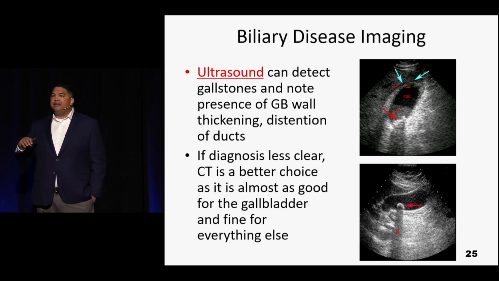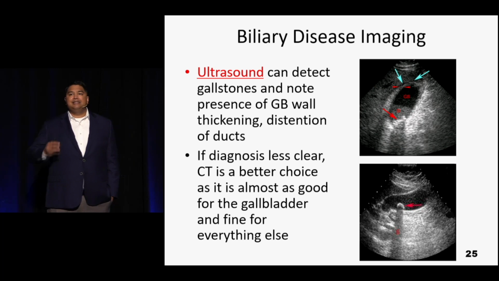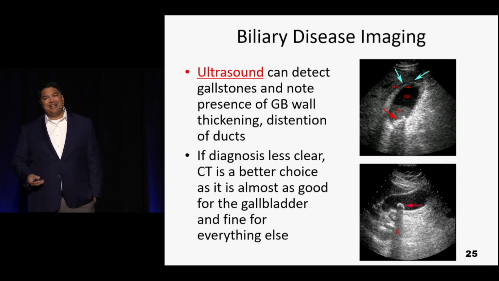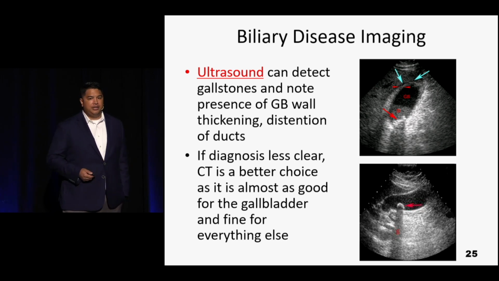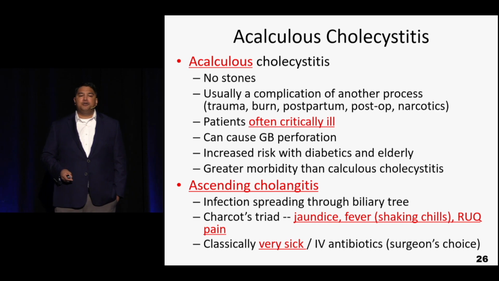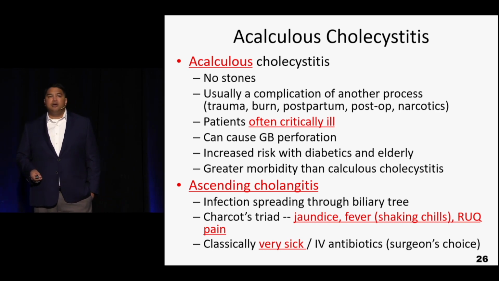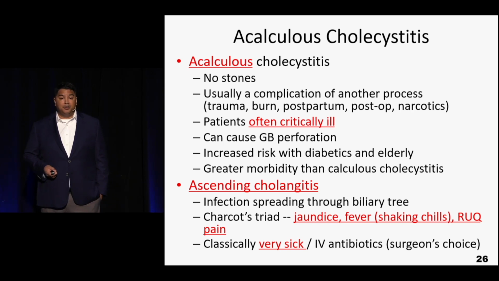But if it's already been 6 hours, 12 hours, 24 hours, the pain's getting worse, that suggests something is stuck. And so you go ahead and order an ultrasound, in my opinion, early on those patients. A brief mention of acalculous cholecystitis, pretty rare. Acalculous, no stones. It's often something else causing this problem here.